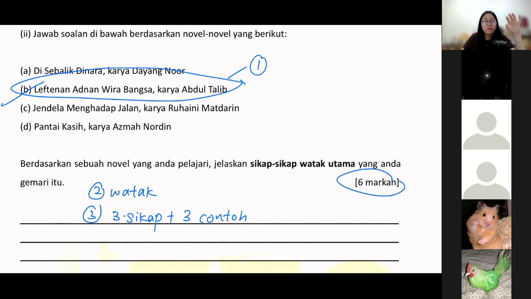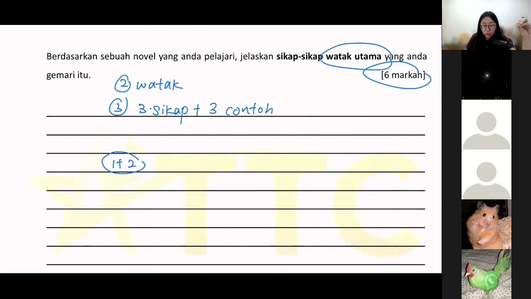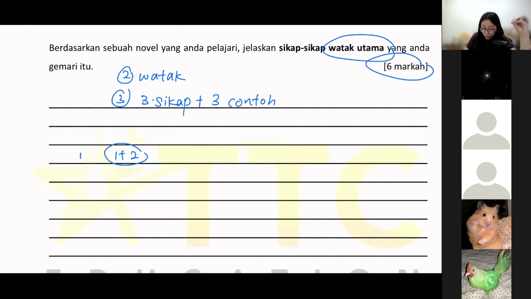So you can write, for example, you can introduce, you put 1 and 2 in one paragraph. The first paragraph, what is the novel and then what is your watak utama? Watak utama is the main characters. Then the second paragraph, you put the first sikap plus contoh.